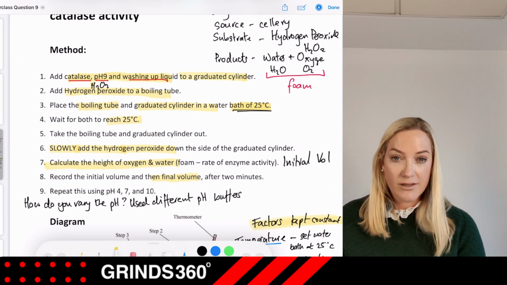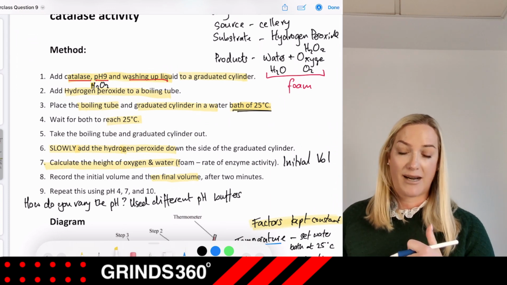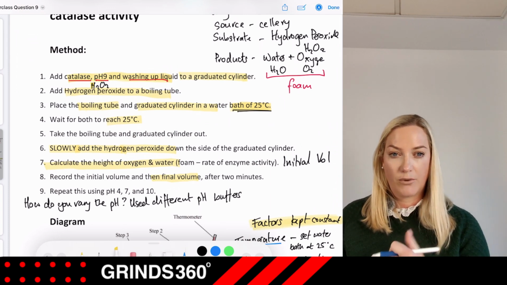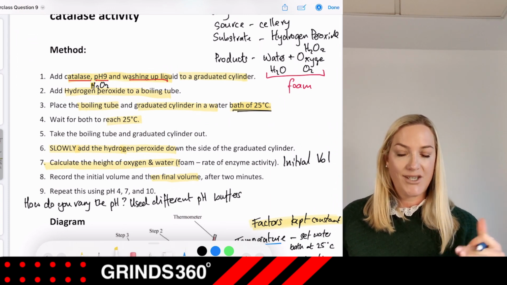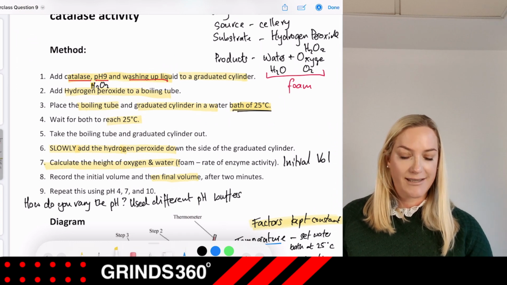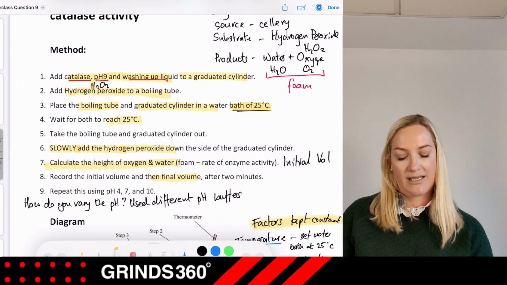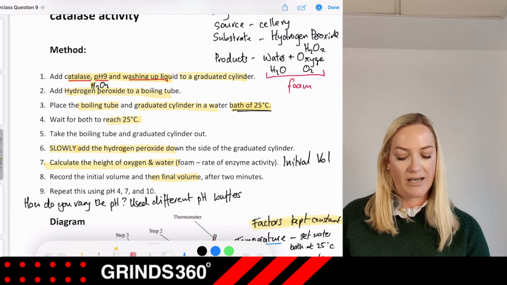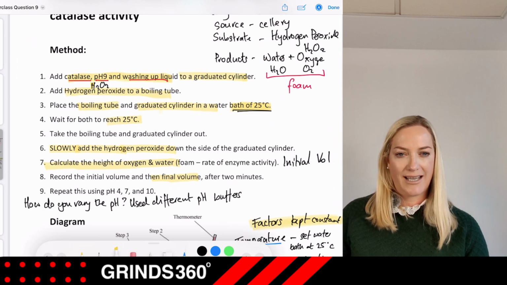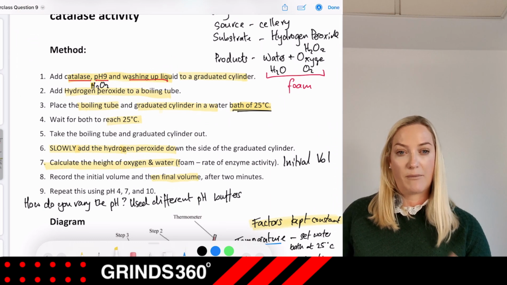Then you must mention together, preferably, that your boiling tube of hydrogen peroxide and your graduated cylinder are placed in a water bath at 25 degrees. For example, if somebody said place a boiling tube and graduated cylinder into a water bath, they may not get the mark because you haven't said the temperature.